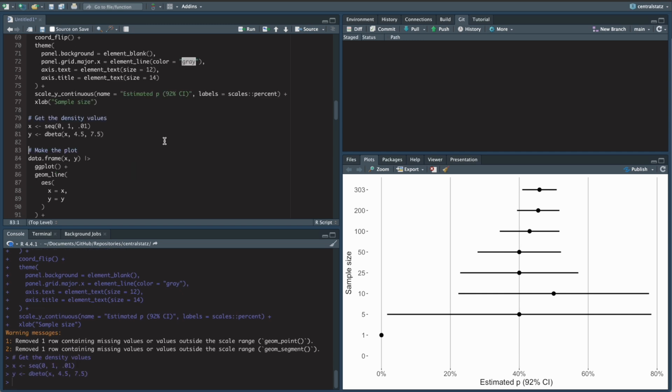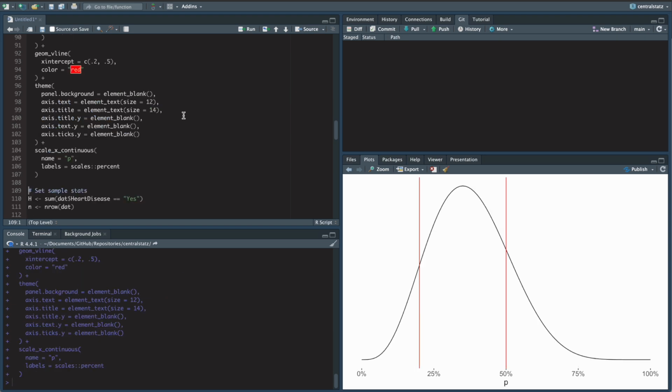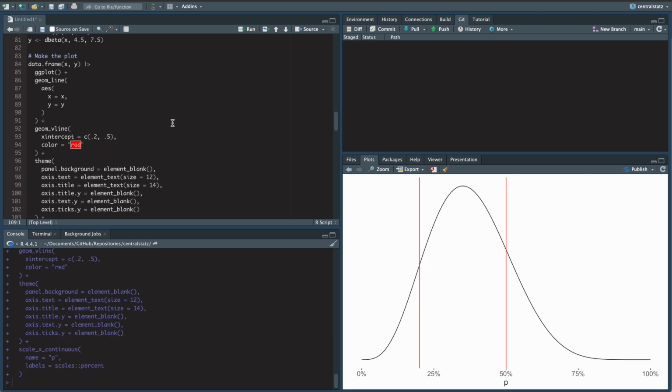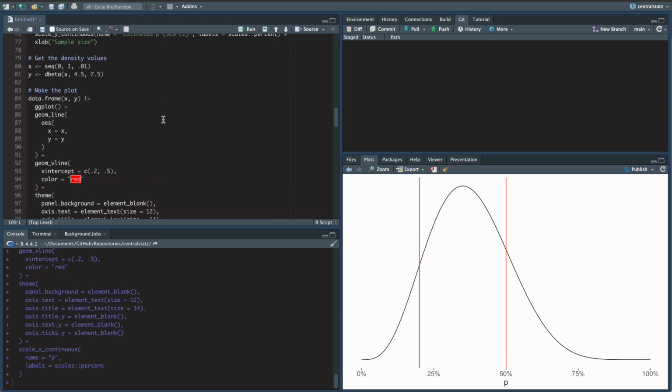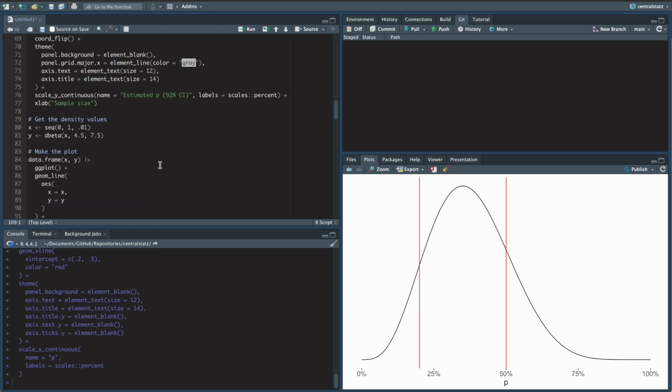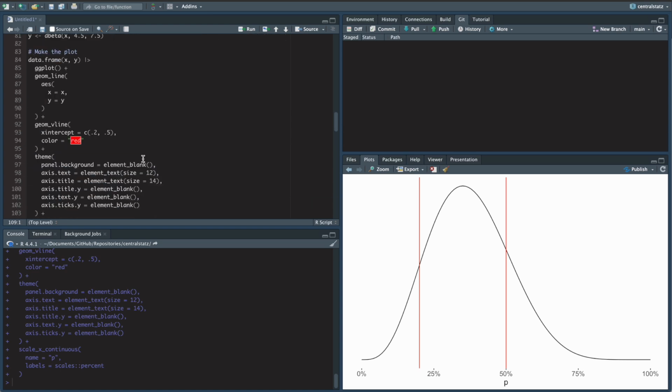So then the next part, we are just starting to think about our Bayesian model. We're plotting the density of a beta distribution, and that's what we're using as our prior for what we think the true proportion of patients with heart disease is. This is the beauty of Bayesian statistics.